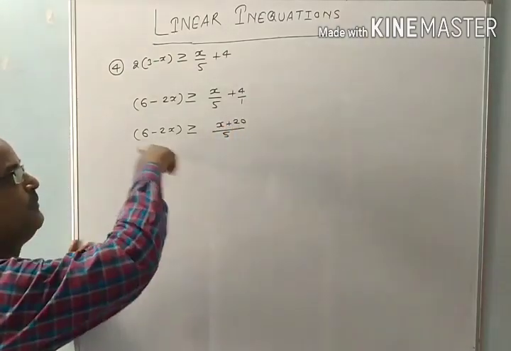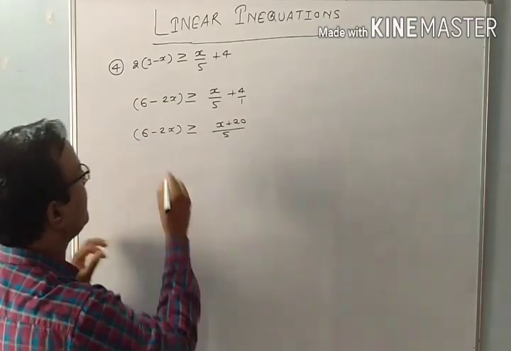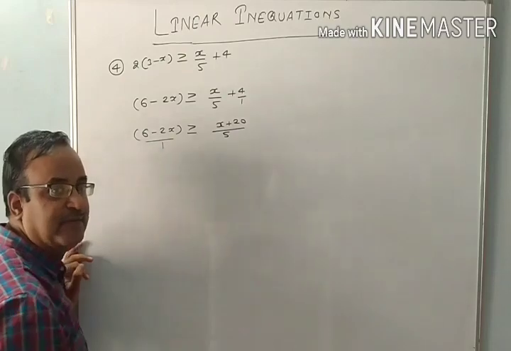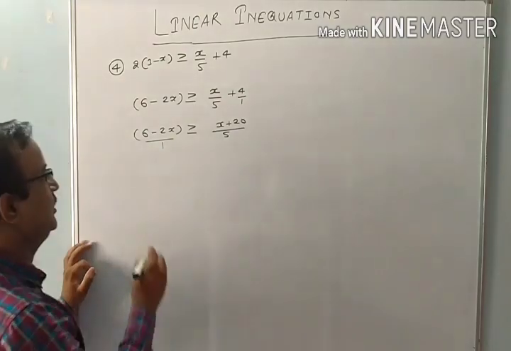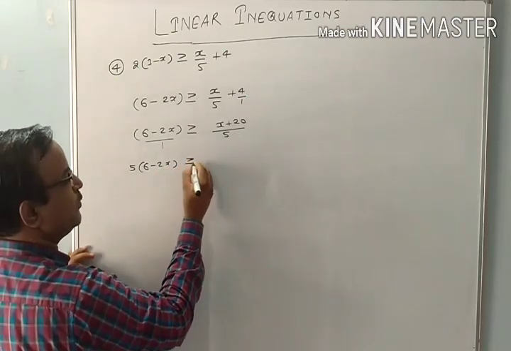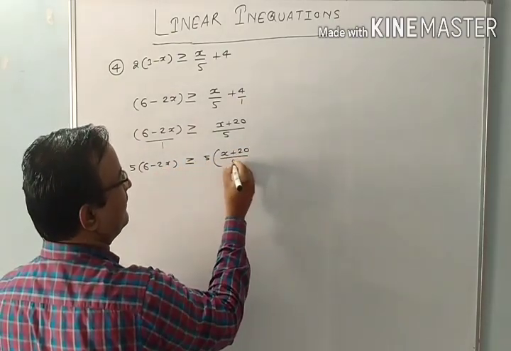Generally we cross multiply when we get linear equations. But here, first of all we will find the LCM of 5 and 1, which is 5. So we will multiply by 5 on both sides. So we get 5 into 6 minus 2x is more than or equal to 5 into x plus 20 by 5.